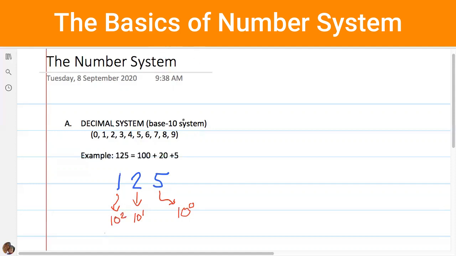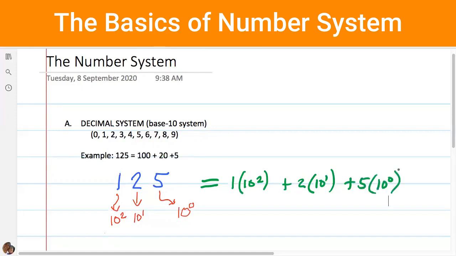So if you will notice, 125 can also be written as 1 multiplied by 10 raised to 2, plus 2 multiplied by 10 raised to 1, plus 5 multiplied by 10 raised to 0. This is very simple because we have known this before. So the result here is 125 base 10. That's how you write decimal numbers.